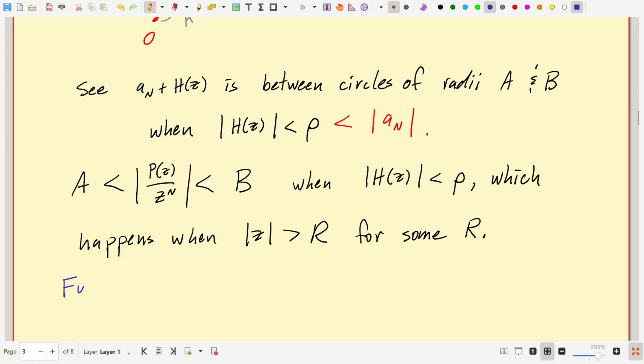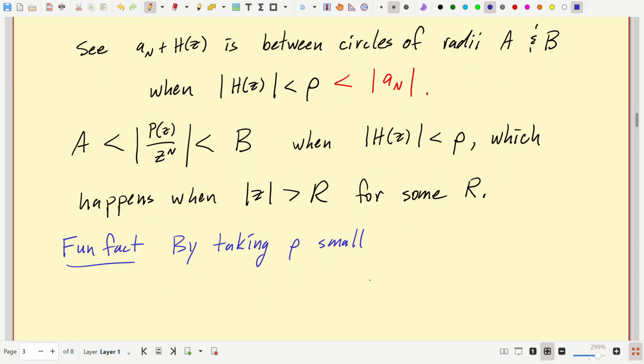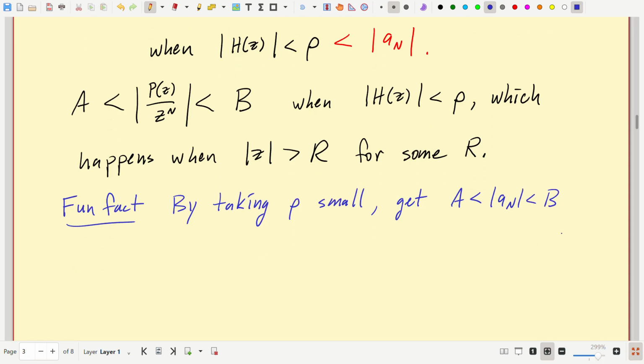Fun fact. By taking rho really small, we would get a less than the modulus of a_n less than b, and make them as close together as you want.